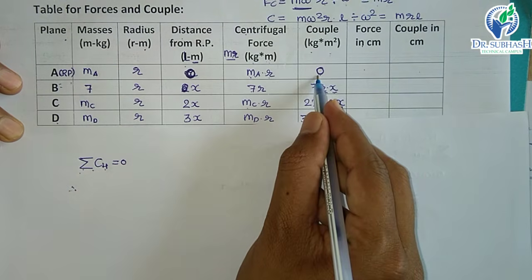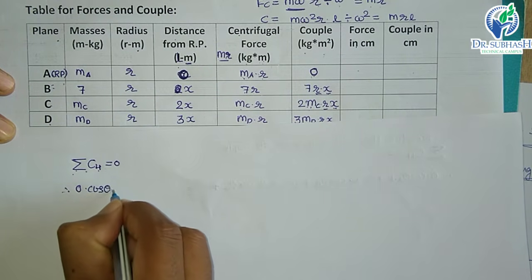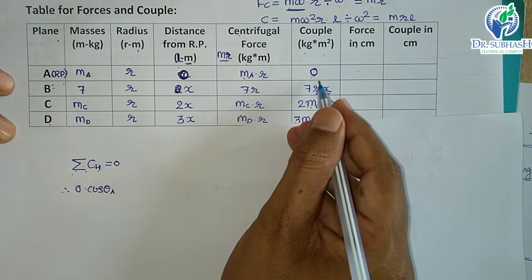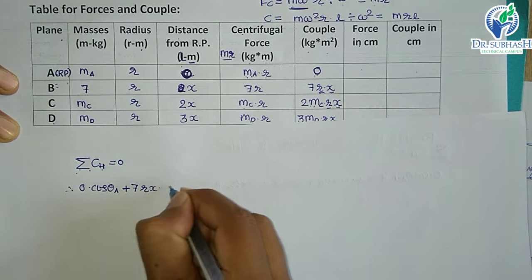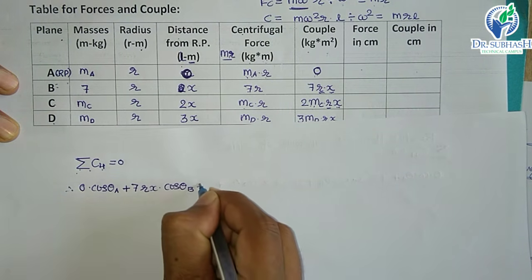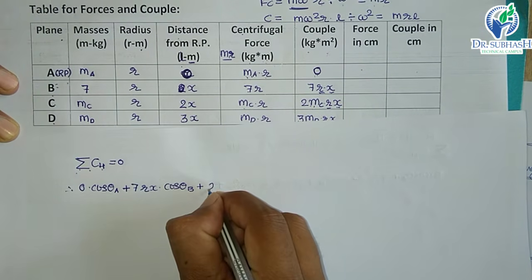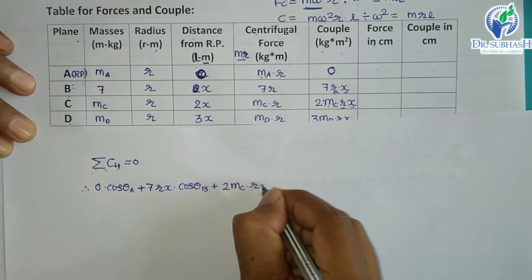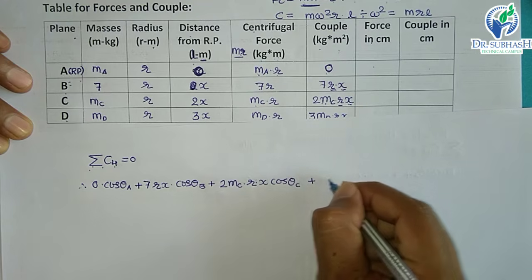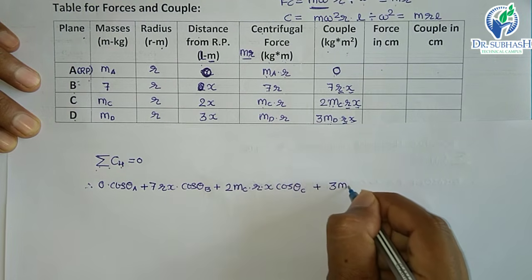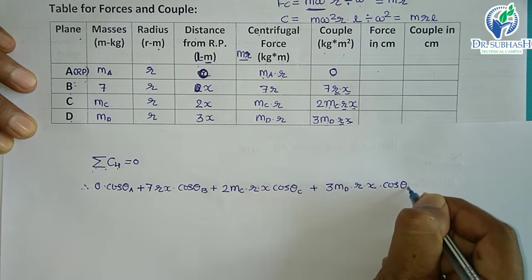The first couple is 0, so we write 0 into cos theta A, the angle for the first mass being theta A, plus 7 Rx into cos theta B, because the angle for mass B is theta B, plus 2 MC Rx cos theta C plus 3 MD Rx into cos theta D is equal to 0.